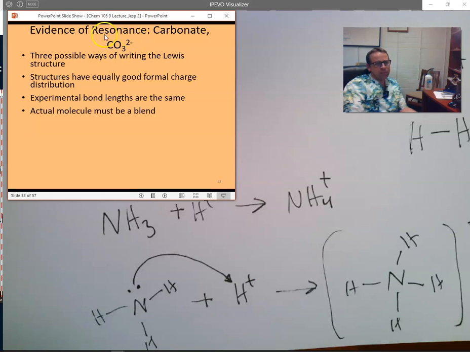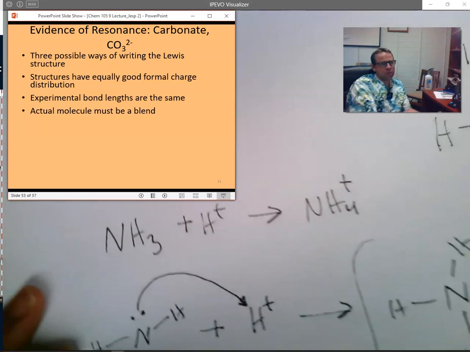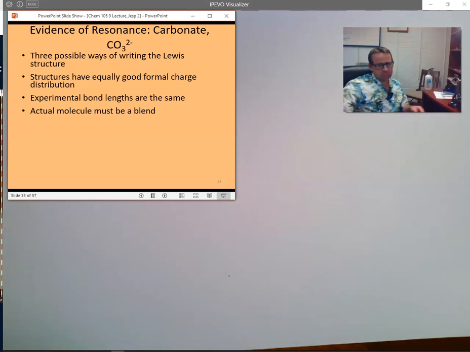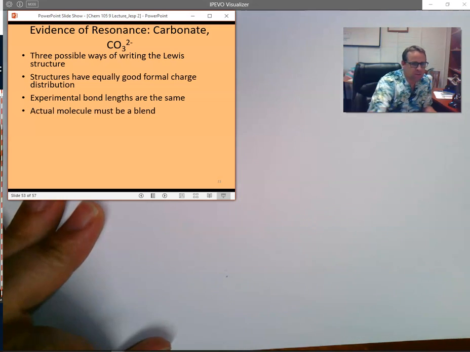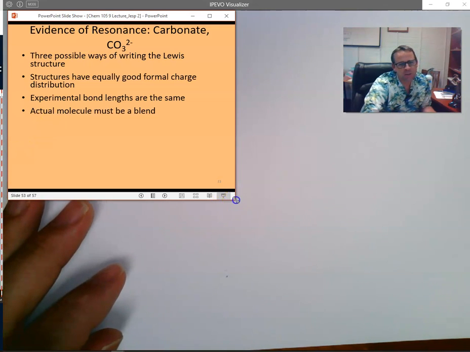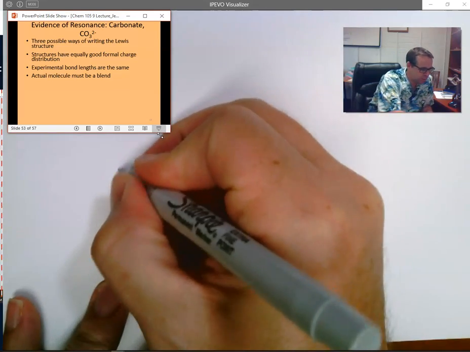Now, if we look at polyatomic ions, like the carbonate ion, CO3 2-, or the phosphate ion that we just drew, when we're drawing these compounds, we get to a point where we have finished our compound.